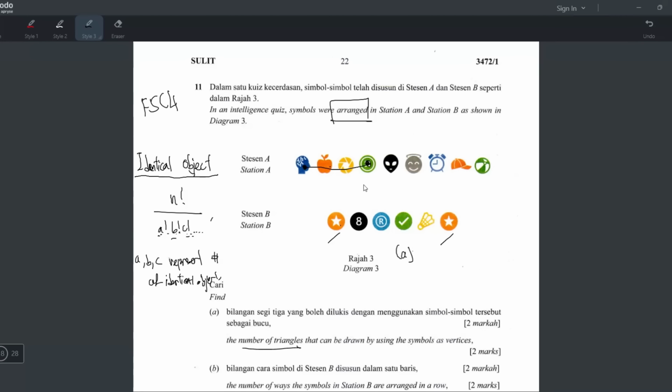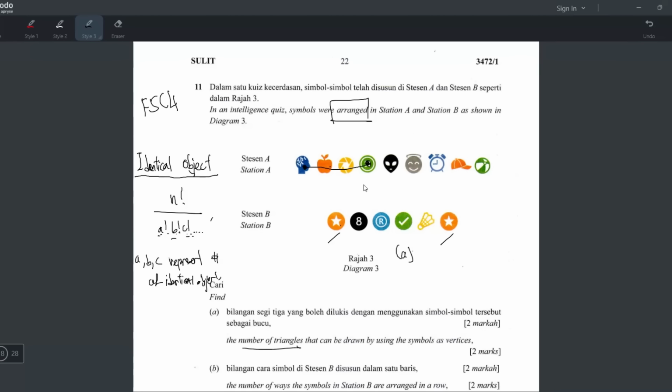Dia sebenarnya boleh juga join kalau satu bucu dari A and then 2 bucu dari B. Tak semestinya station A 2 bucu, B 1 bucu. That means it will be 9C1 times 6C2. Ini baru jawapan dia.